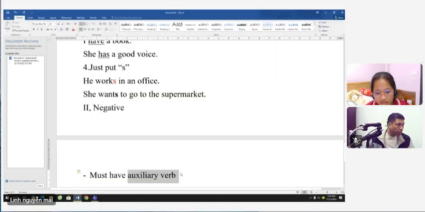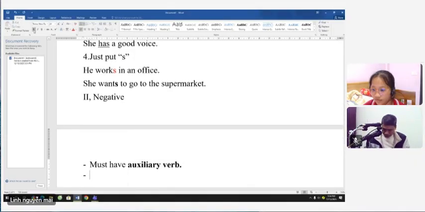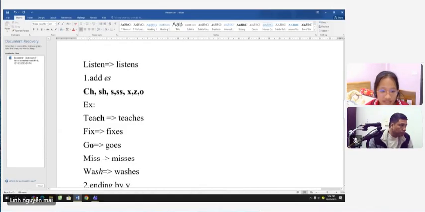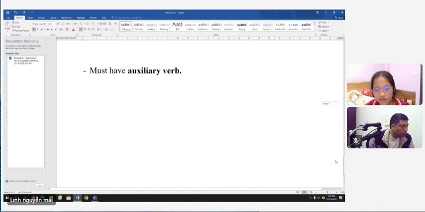This is really important. If you forget this one, the sentence will be incorrect. So here we have some groups. If the word ends in these letters, we will put es.